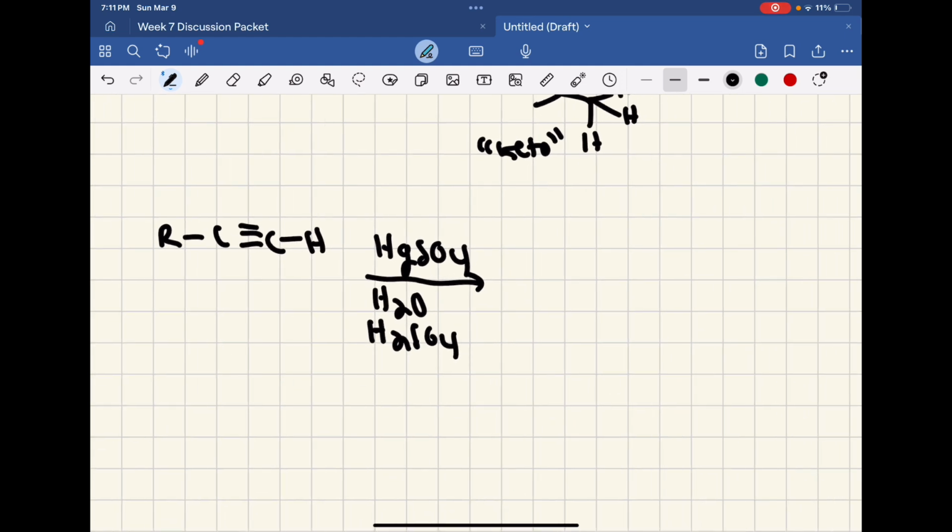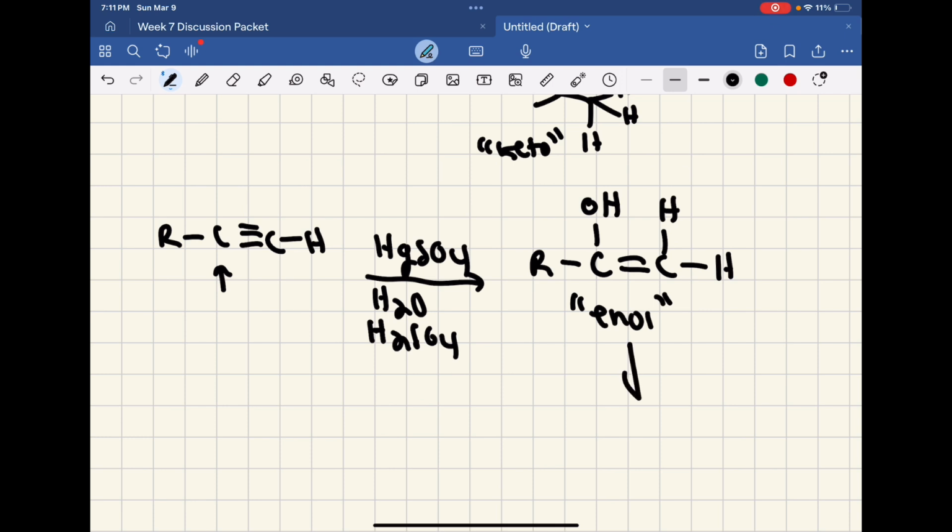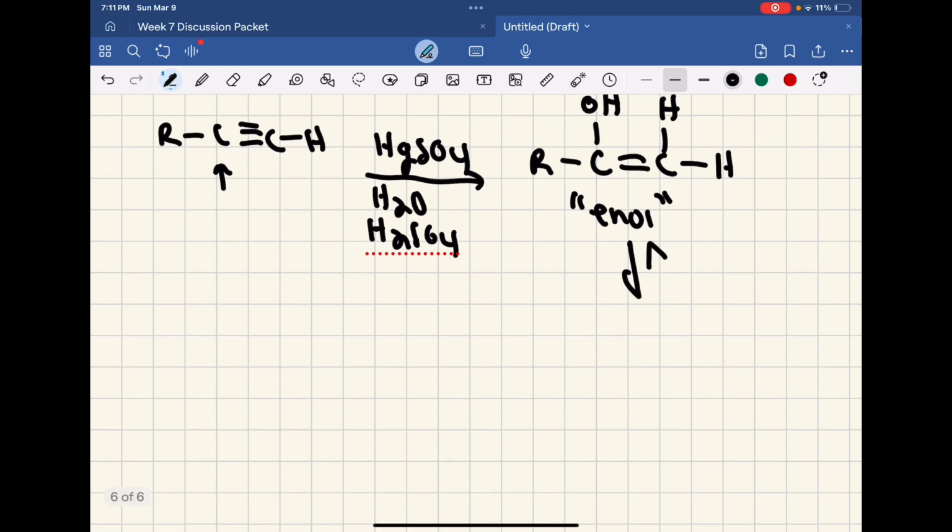The first thing is we're going to form an enol at the more substituted position, so that would be that carbon of the alkyne, obviously. So we would put the OH at the more substituted side and the other proton at the less substituted side. This is the enol, and the enol tautomerizes preferentially to the keto.